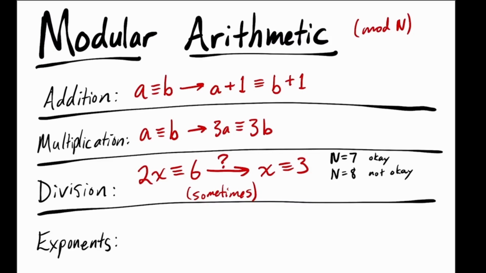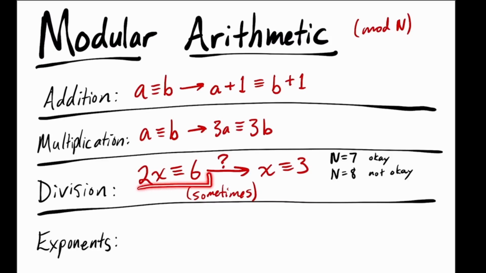So at first you look at it and it seems a little disappointing that I can't do all the usual algebra tricks that I might do when trying to solve equations. But looking a little closer and thinking hard about exactly when I can do this sort of division, right?